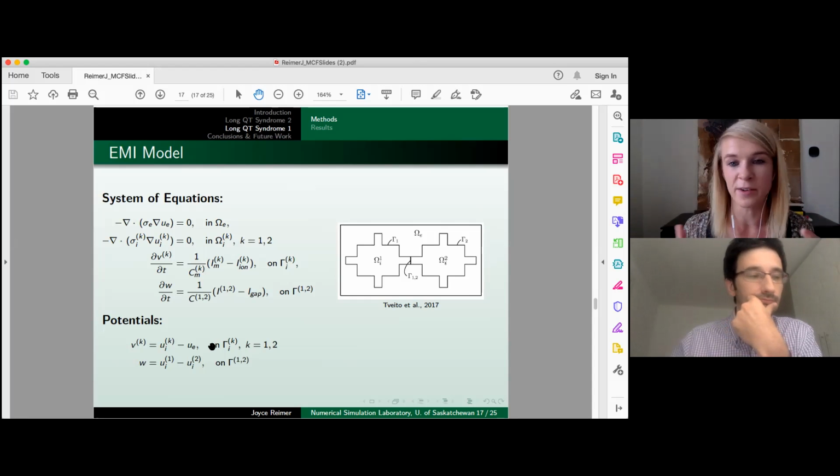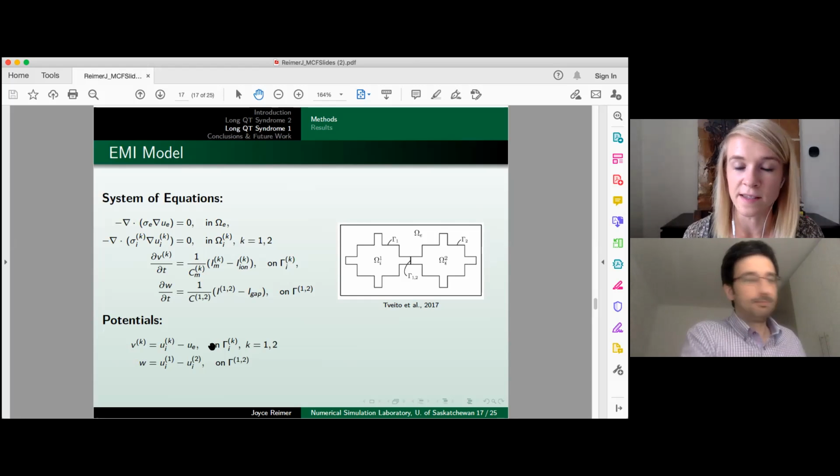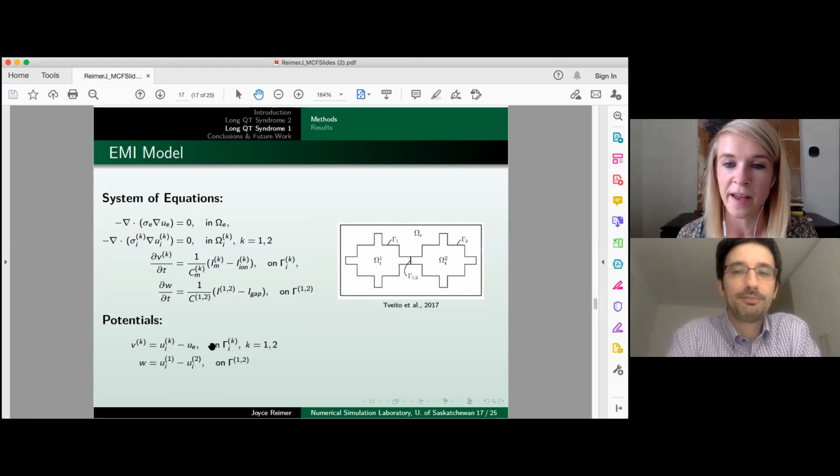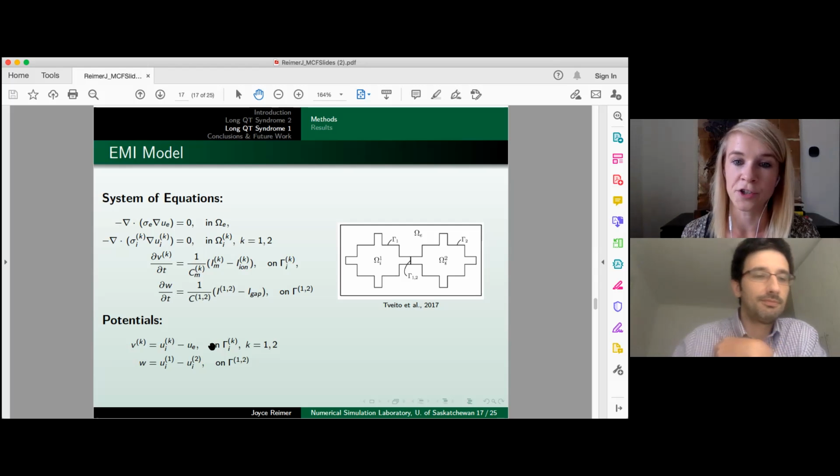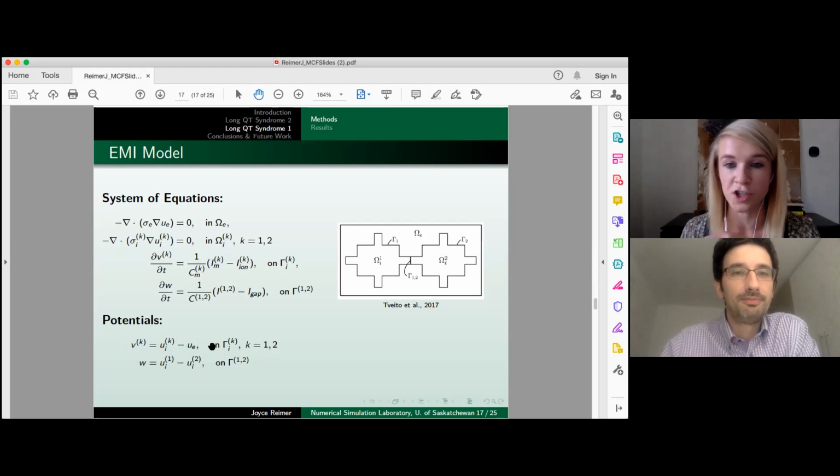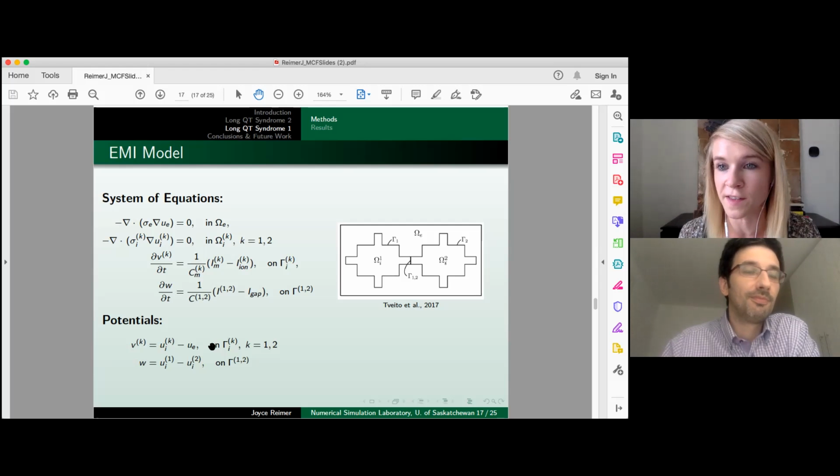But there is definitely, even with slight changes in the dimensions, a difference in output. And I think once we change the shape of the membrane to simulate T tubules, I'm sure there will also be some changes that we see there.